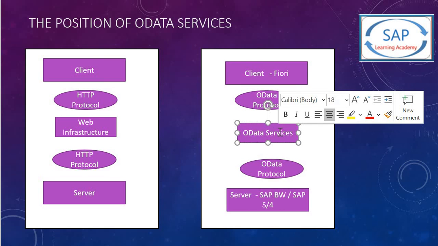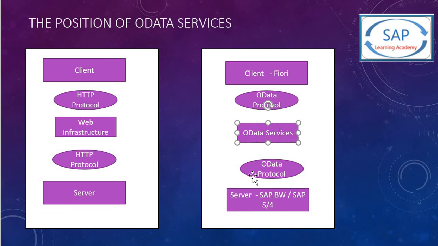So here we write the main logic or code in order to read the data from the server. And the SAP Gateway is used in this whole process. It is because SAP Gateway is a platform where this OData works.